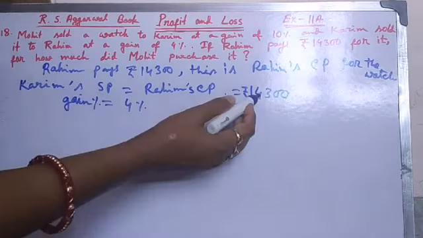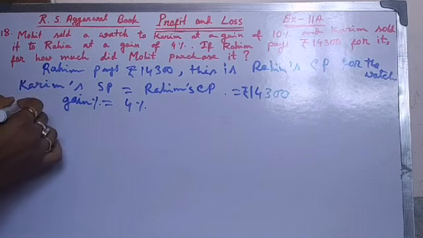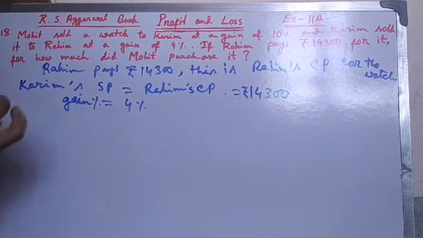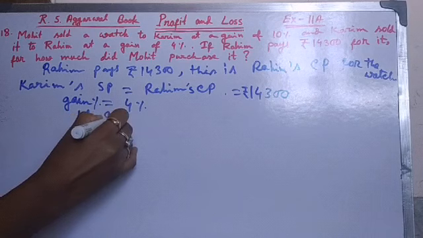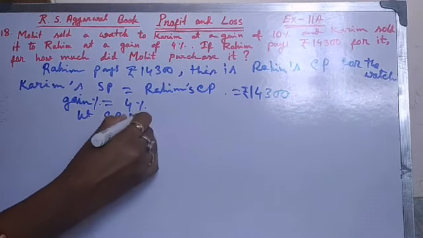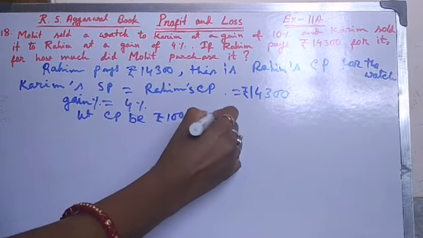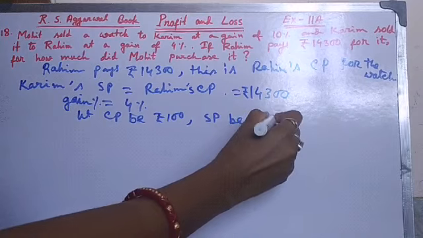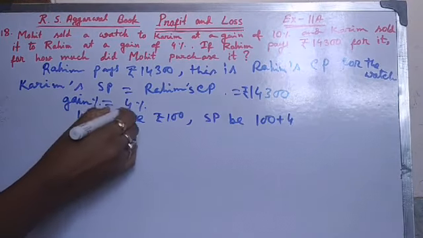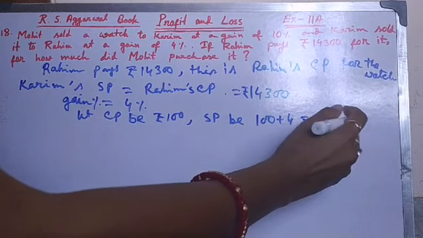Here SP is given, so we have to find out CP, Karim's CP. So CP will be on the right hand side. Let CP be rupees 100, SP will be 100 plus 4, because this is gain percent, that's why 104.